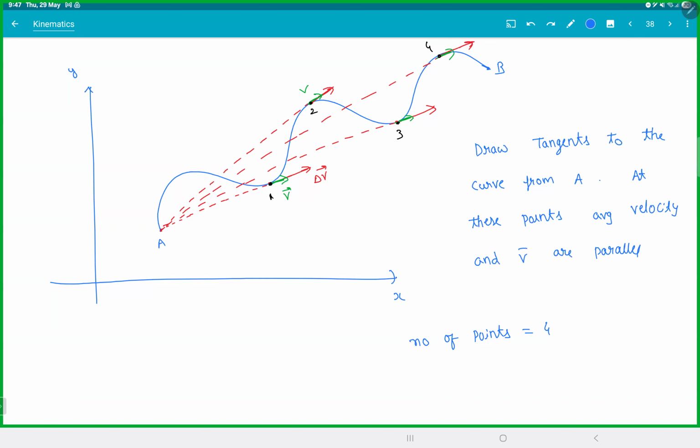You know what a tangent is, right? So what is the average velocity? Average velocity is the vector from the initial point to the final point. Agreed? In this scenario, that also became a tangent. And the instantaneous velocity is along the tangent. So there are 4 points where the average velocity and the instantaneous velocity are along the tangent, so they are parallel.